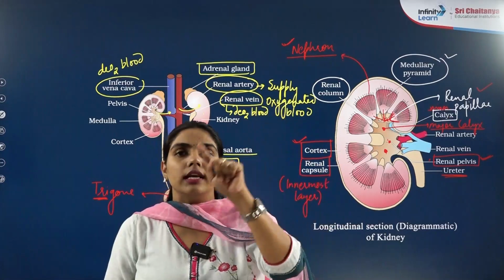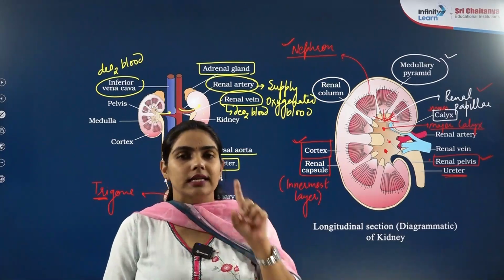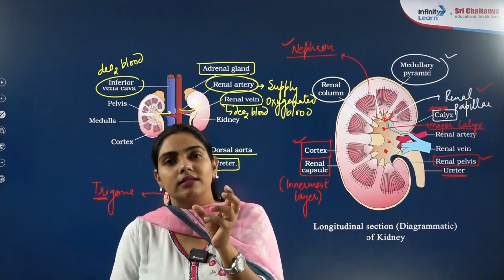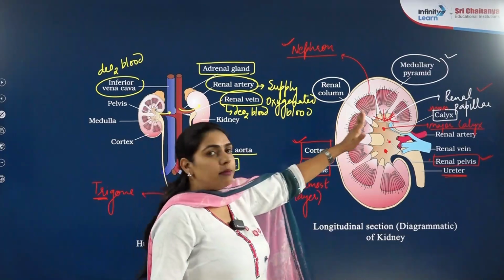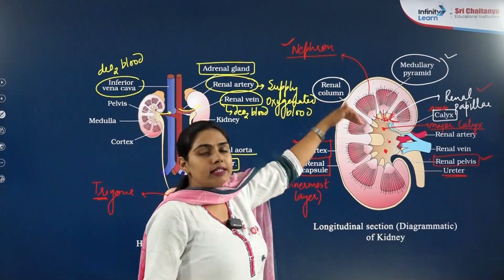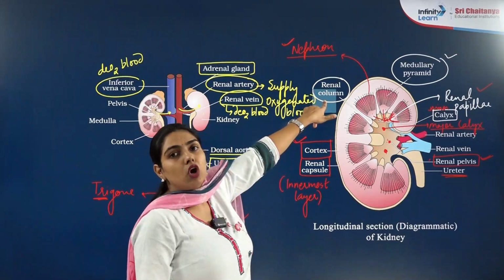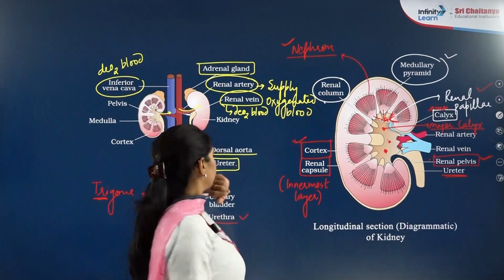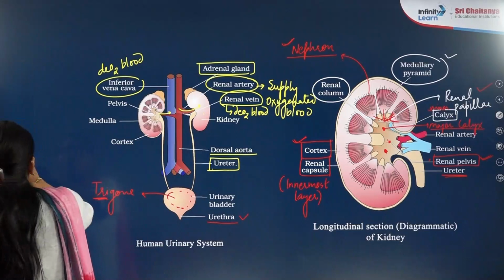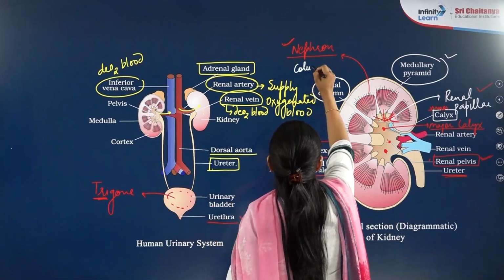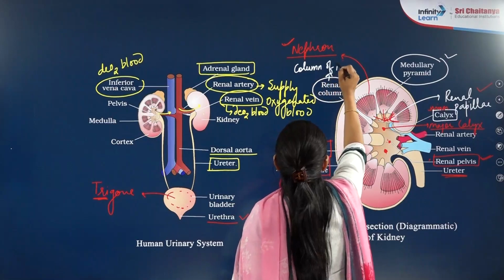It is equal to the number of medullary pyramids, because every medullary pyramid has a renal papilla, the conical base. So cortex and medulla. The part of cortex extending into the medulla is known as renal column. It has another name, column of Bertini. Let me write the other name as well. This is known as column of Bertini.